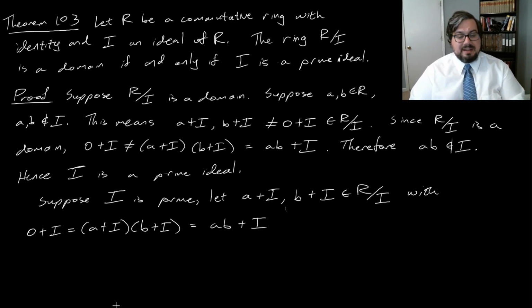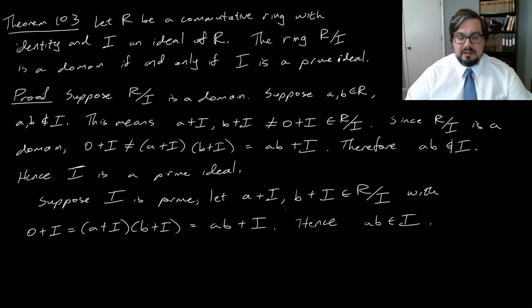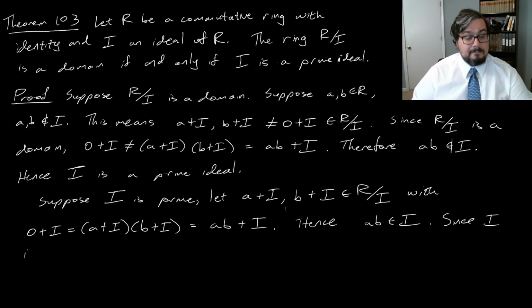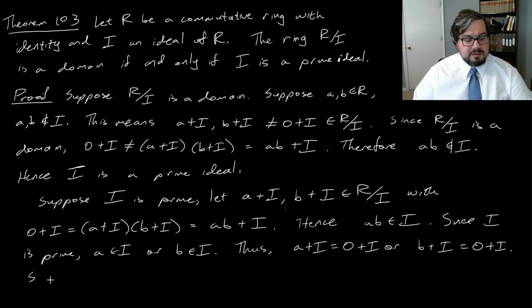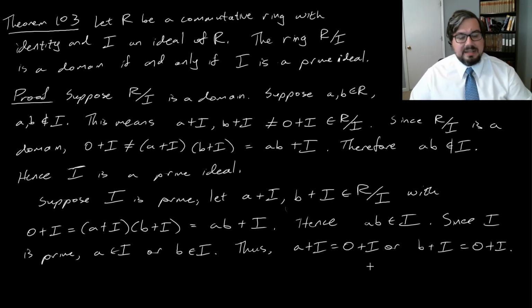And so we have that AB plus I equals 0 plus I. Hence, since AB plus I equals 0 plus I, we have that AB belongs to I. Since I is prime, A is contained in I or B is contained in I. Thus, this tells us that A plus I is equal to 0 plus I, or B plus I is equal to 0 plus I. So that gives one of the conditions for being a domain.